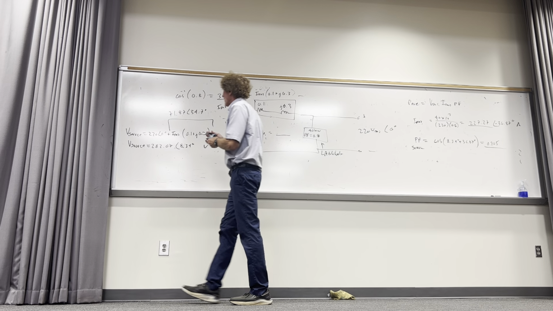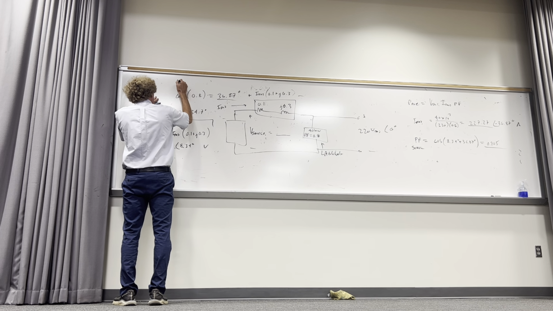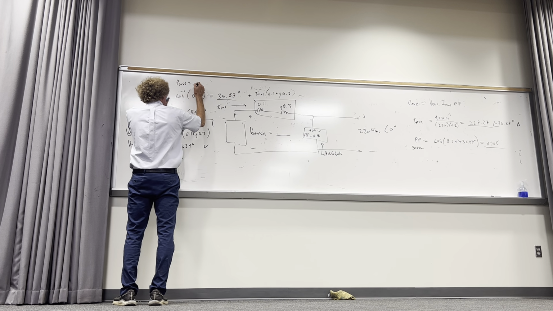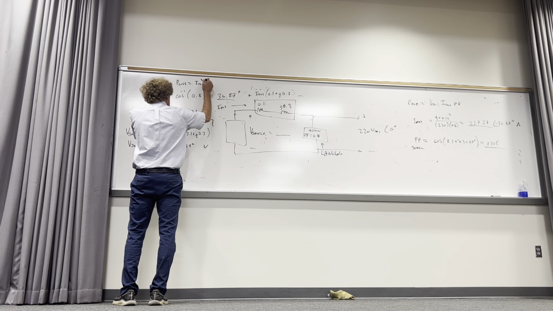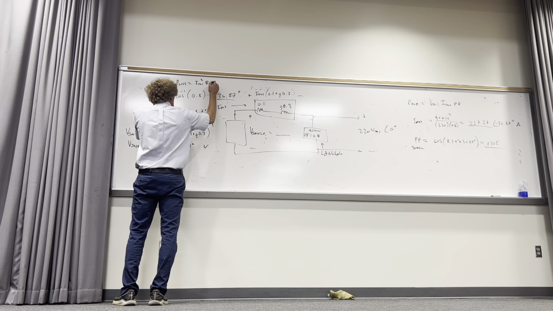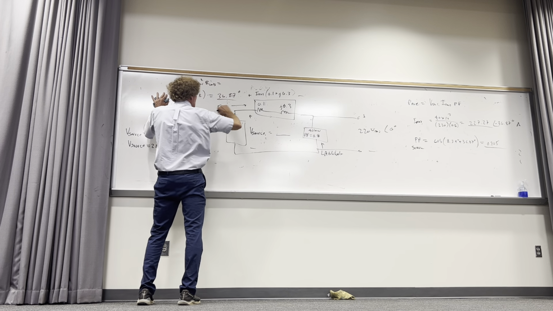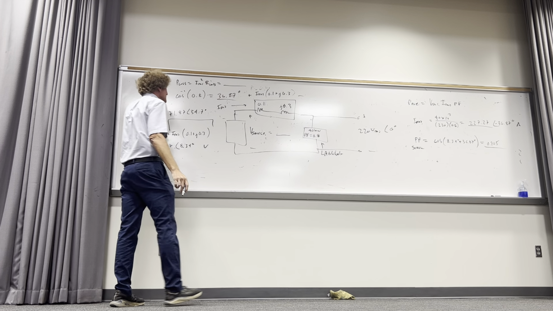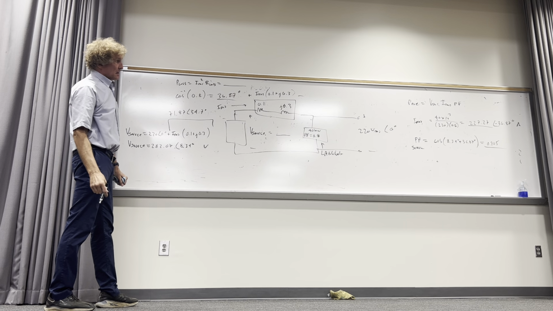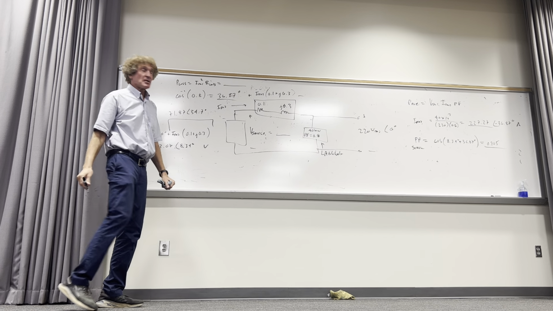So that would be the power of the loss. I'll call it P loss, which is going to be really IRMS squared times R, and this is R loss, the line. So what is that going to be? 0.1 times... 5.2 kW?